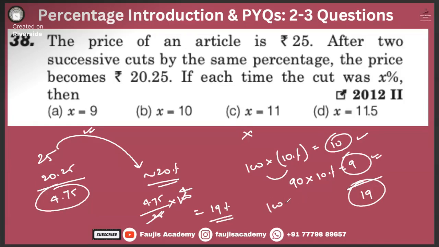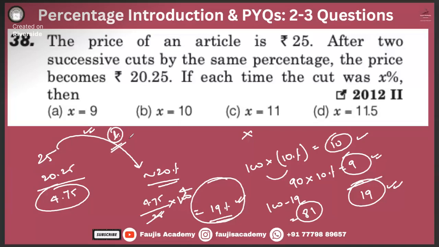Then how much is remaining? 100 minus 19, 81. But we were essentially worried about how much money is eroded. How much money is eroded over here? 19. So option B will be your correct answer over here.